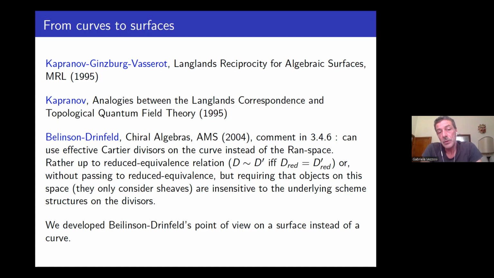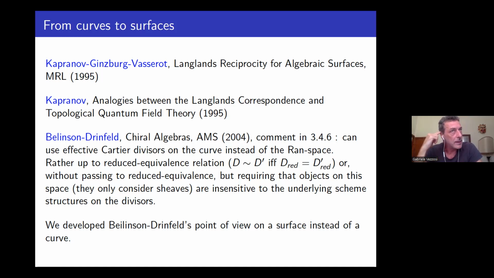Or you don't impose this reduced equivalence, but when you study objects on this space like sheaves, since they want to define factorization algebras in that book, they are insensitive to the underlying scheme structure of the divisor. Particularly, if you have a sheaf F, you say that F on D is equal to F on D prime whenever D red is equal to D prime red. But this is just a remark.